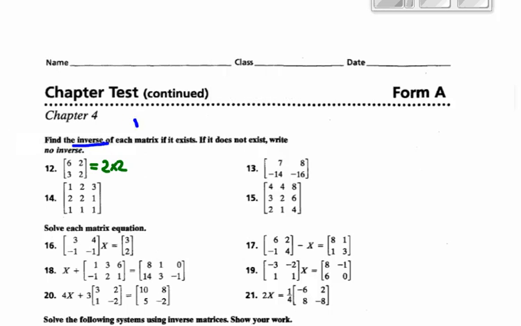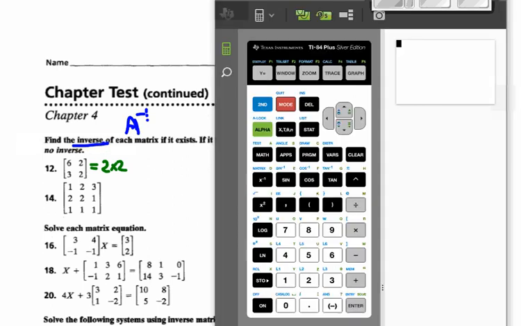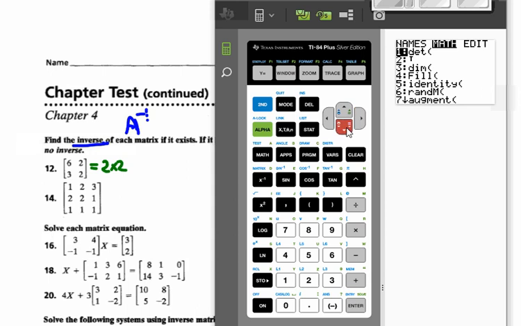That is like A to the negative 1. That's inverse. Okay, so I hit second matrix, go over to math. I want to do something. Does it not do the inverse for me?